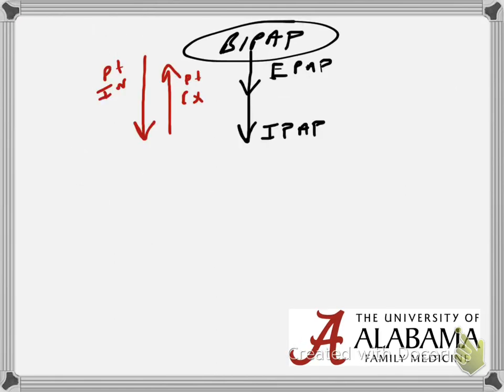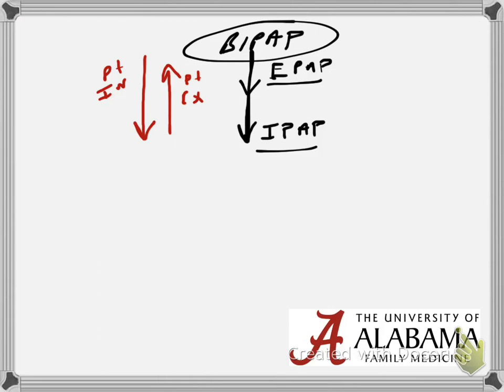So what does BiPAP actually do? BiPAP blows air. It blows air into the oropharynx, into the airways, into the lungs, and it blows air typically in two pressures. That's what it does. It is a bimodal pressure support machine. It blows air into the patient's lung through a mask. The two pressures that it's going to blow are the EPAP and the IPAP.